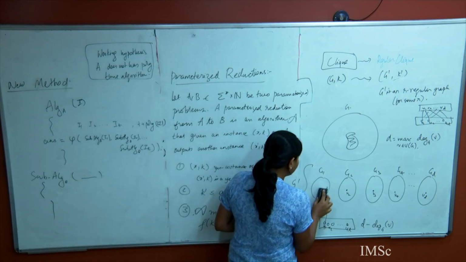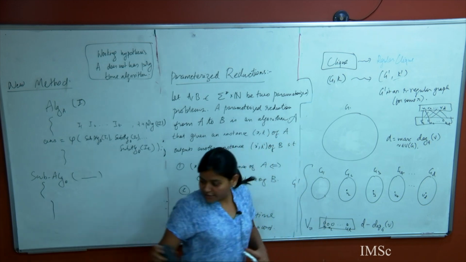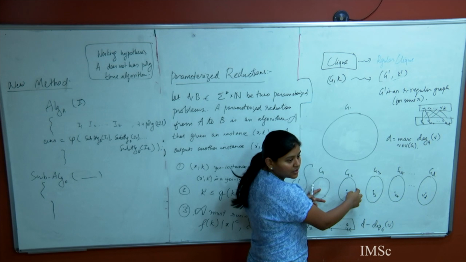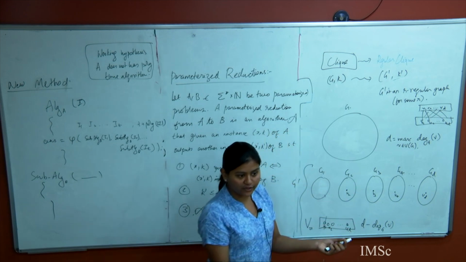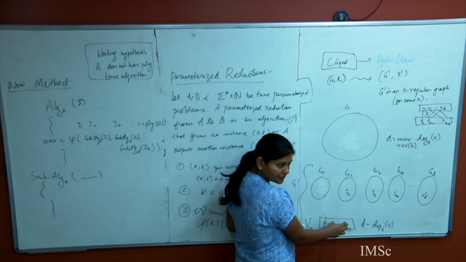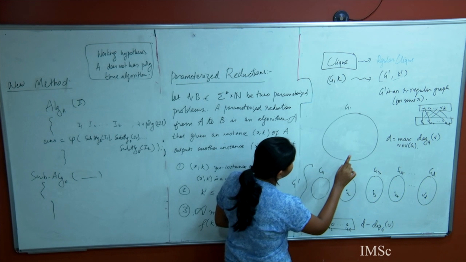Now let us look at the reverse direction. Notice that a clique cannot have vertices from two different copies, because there is no edge between them. So the clique is either here or here.